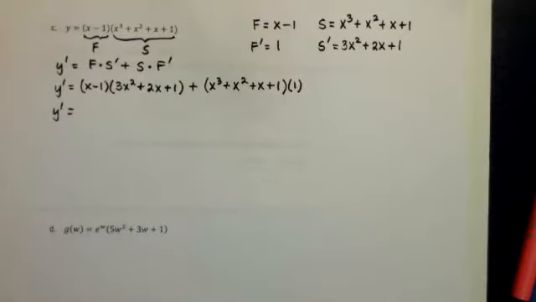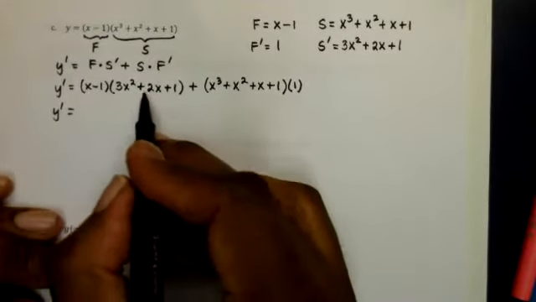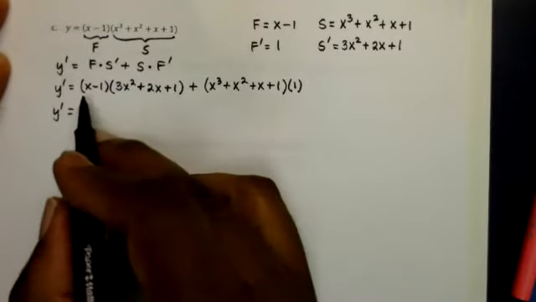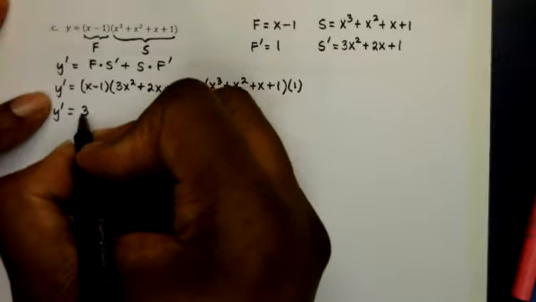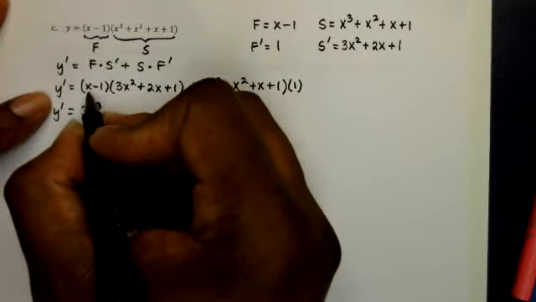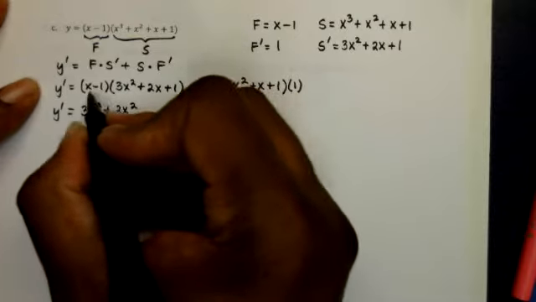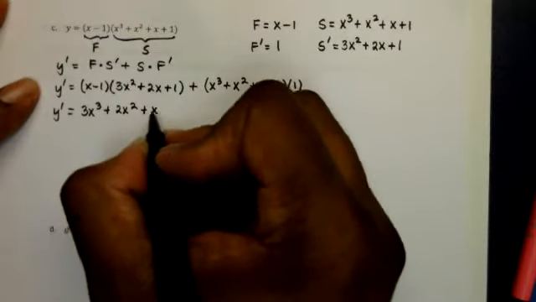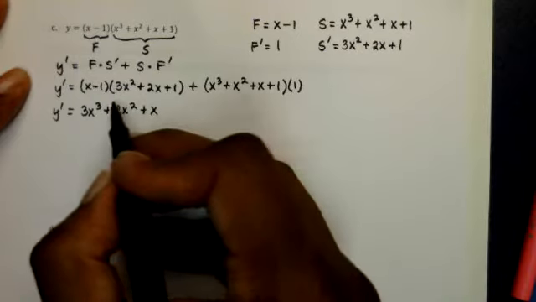And now let's do some simplifying here. That x will be multiplied by each and every term in the second polynomial. So if I do x times 3x squared, that's going to be 3x cubed. X times 2x will be plus 2x squared. X times a 1 will be plus x. And then I'll do minus 1 times each and every term here.